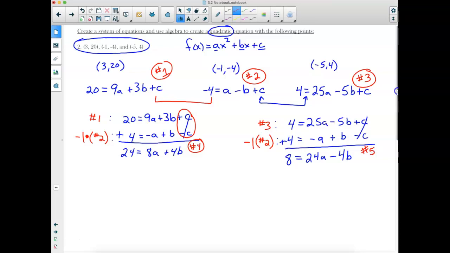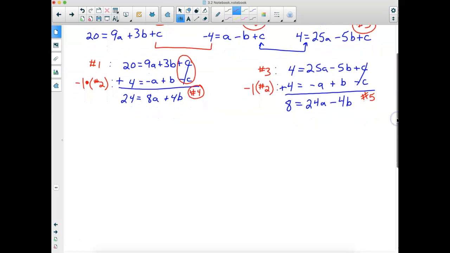So all I'm going to do now is take equation number 4 and number 5. Because I see they're opposites already, equation number 4 is 24 equals 8A plus 4B, and number 5 is 8 equals 24A minus 4B.